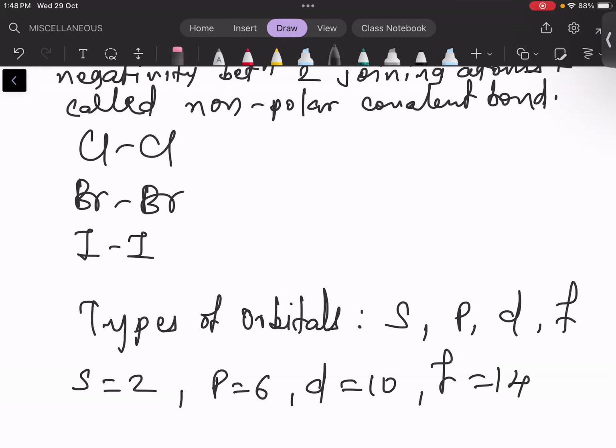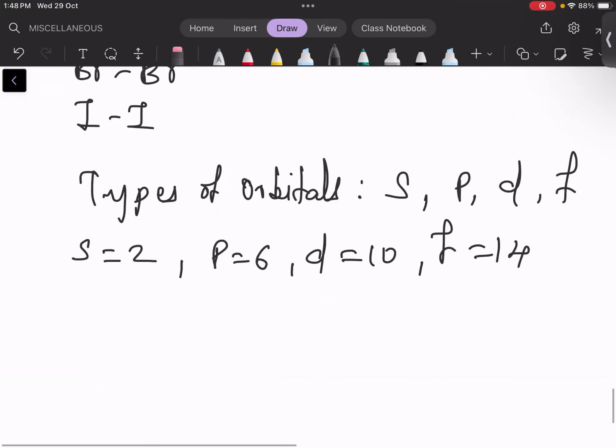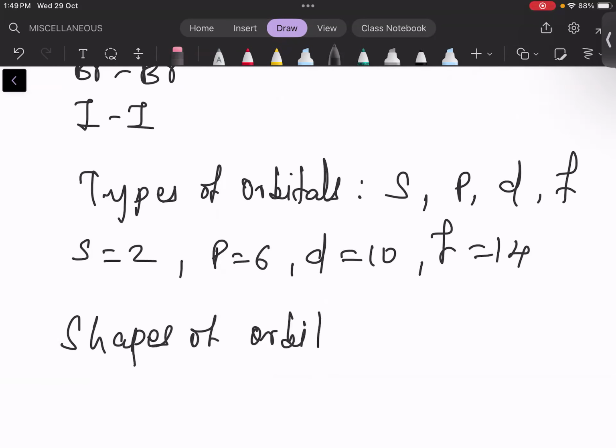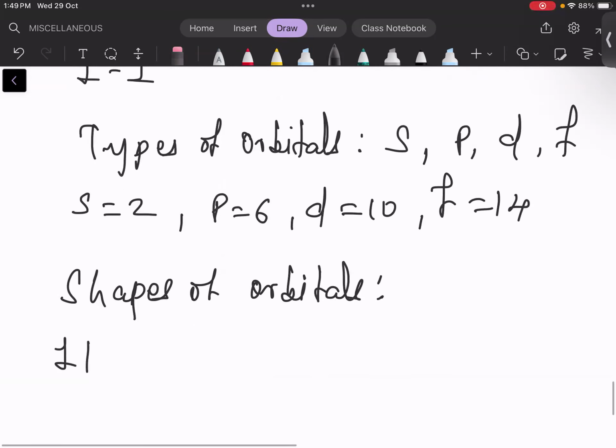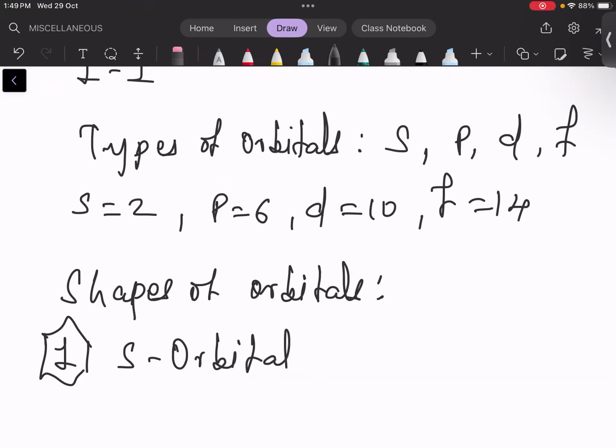Right. Now, what are the shapes of orbitals? The first one is the s orbital. The s orbital is spherical in shape.